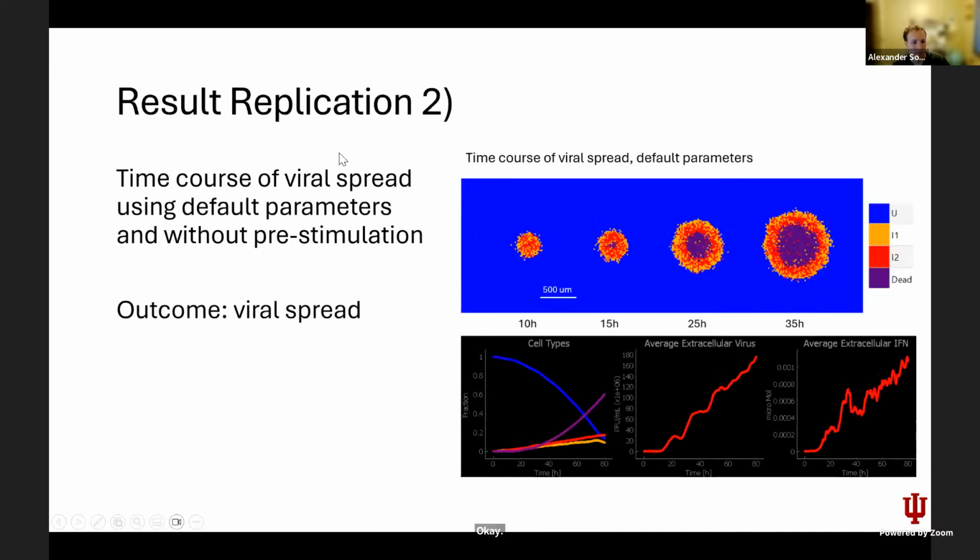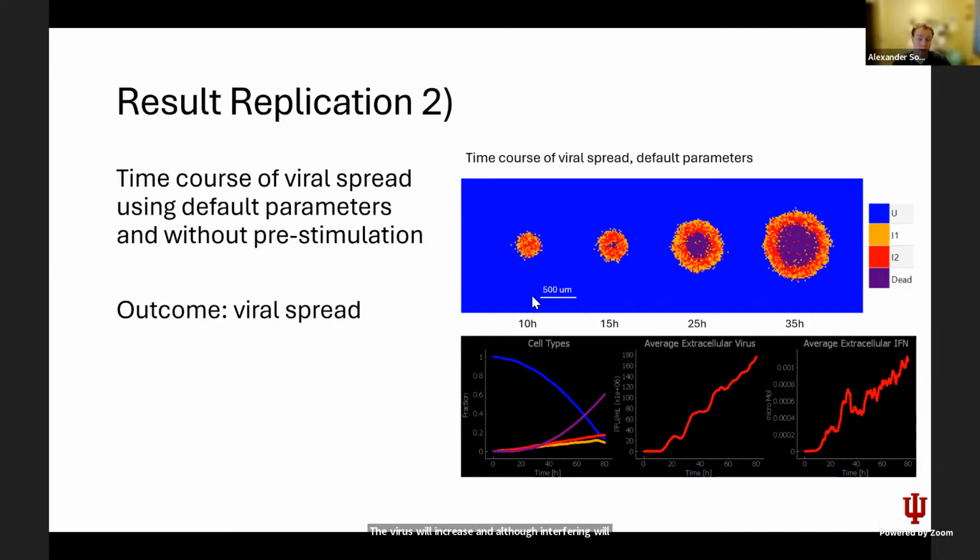And then the second part: if these cells are not stimulated with interferon, representing the antiviral cytokine, the virus pretty much spreads uncontrollably and all the cells will be infected and they will die. The virus will increase, and although interferon will increase, it's not enough.